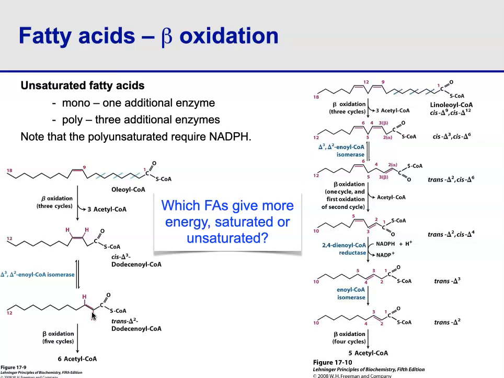So for every double bond, we're going to skip that first oxidation step. So the more double bonds in a molecule, the more electron pairs will basically not be produced. And not only that, but for every additional double bond, other than the first one, we have to invest another electron pair into the polyunsaturated fatty acids.